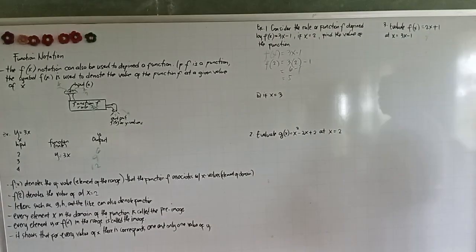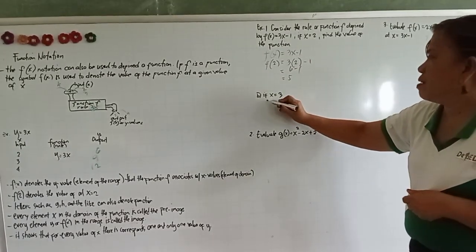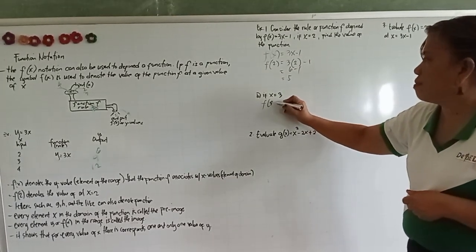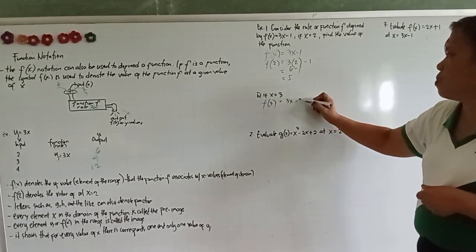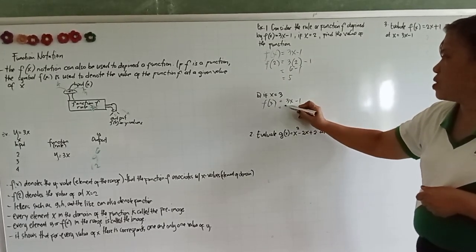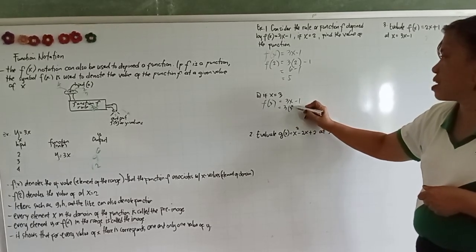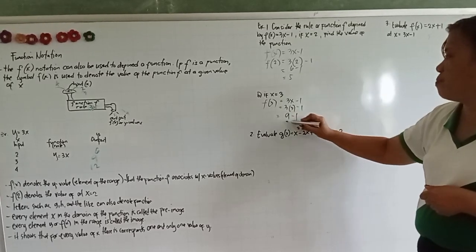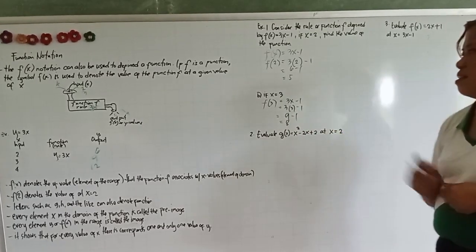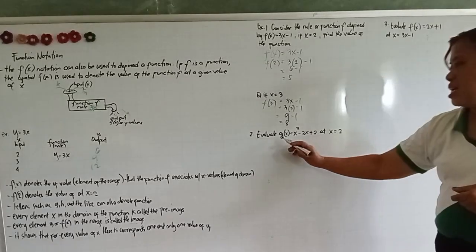Then, let's say x is 3, using the notation 3x minus 1. The x is 3, so 3 times 3 minus 1. So what is that? 9 minus 1, what? 8. Okay.